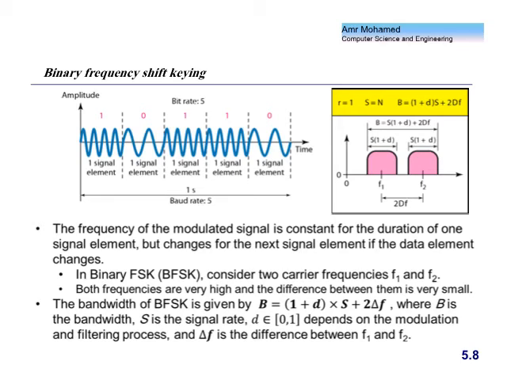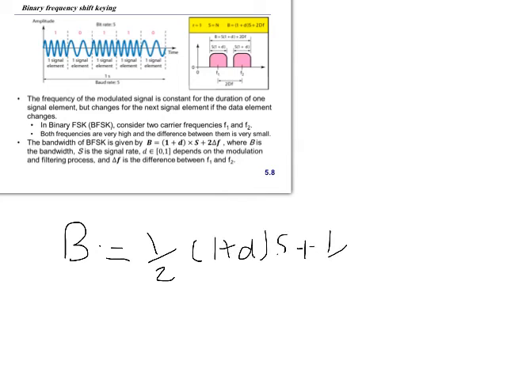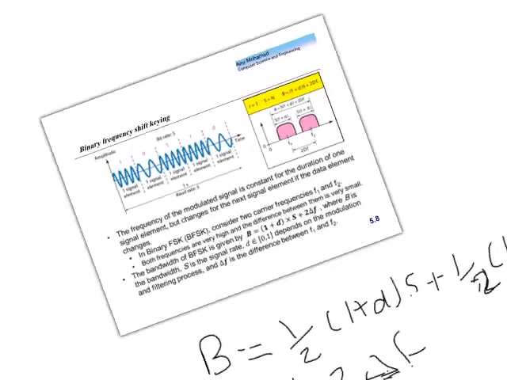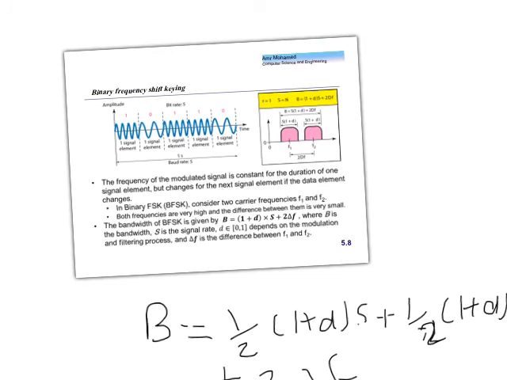Anyone not following the derivation, it is a very simple derivation. So the bandwidth is, on either side I have half, and in the middle I have 2 delta F. So it's basically half 1 plus D times S, plus half 1 plus D times S, plus 2 delta F. This is coming from this part here.